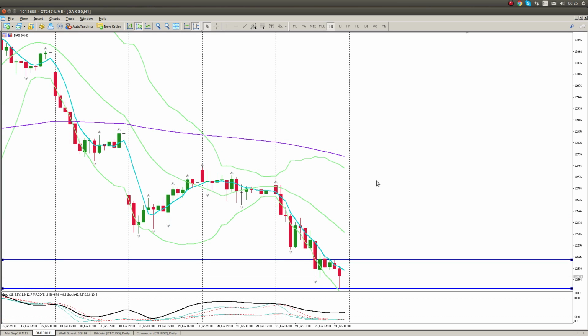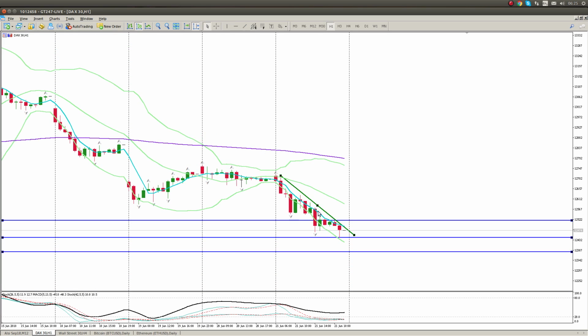Okay, so that's my view, and I think the last thing before we leave here is, apart from the Bollinger deviation here, we also have a bit of a channel. So we've got a bear channel. If we do break out of this channel, then it's also a consolidation flag and a move to the upside. And you can see how the oscillators are grouped at the bottom here as well.